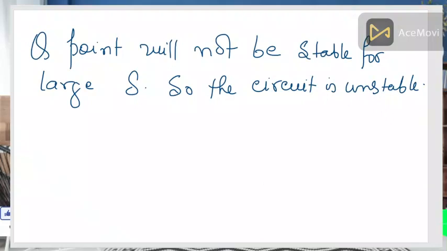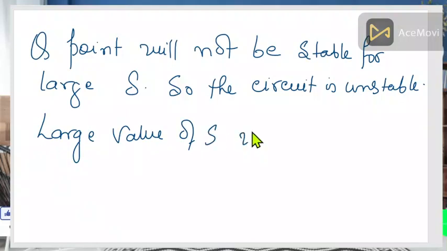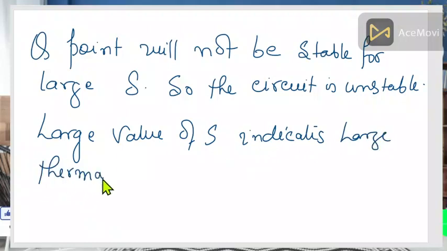So greater thermal instability is shown by a large value of S. You can say that a large value of S indicates large thermal instability. This means that your circuit is not proper, it will not produce faithful amplification.